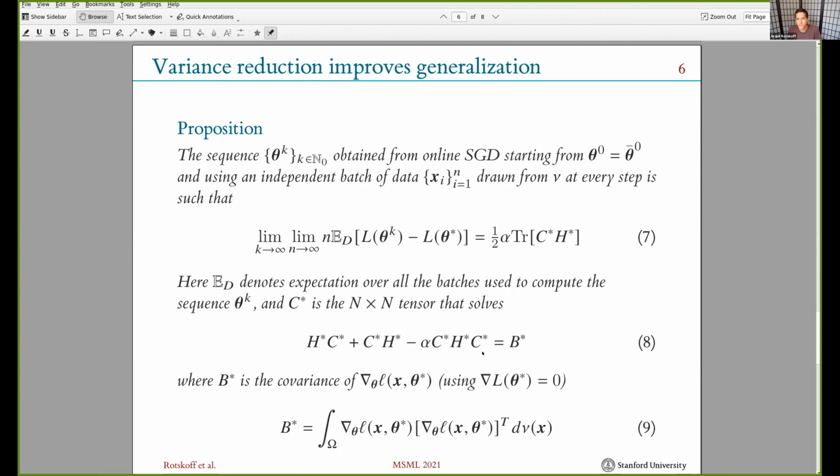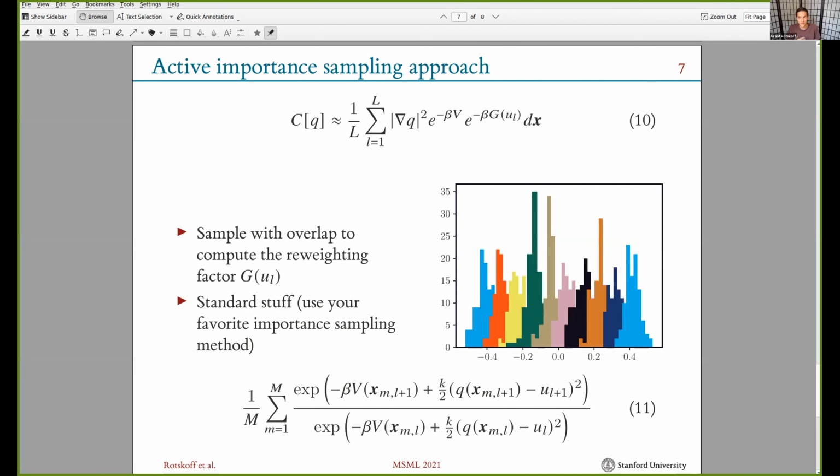And C star satisfies an equation which is related to the variance or the covariance of the loss with the gradients of the loss with respect to the parameters. So that's the quantity defined in equation 9. So the goal is simply to minimize that quantity. We do that with a fairly standard importance sampling approach, which is umbrella sampling, but we use these umbrellas in an active way using our instantaneous solution Q as a guide. So we're biasing and reweighting by the committor itself.